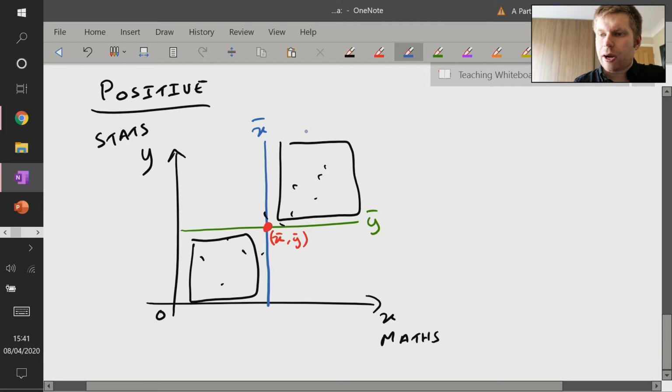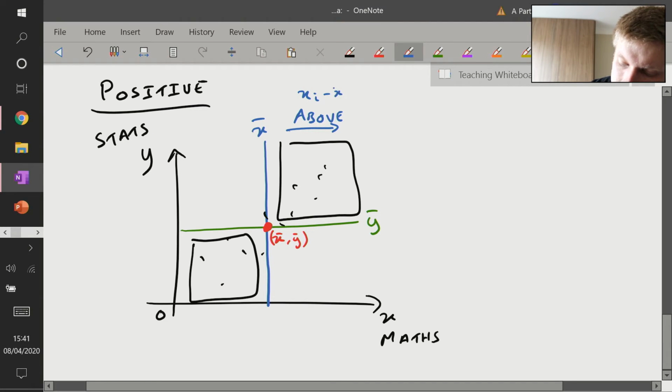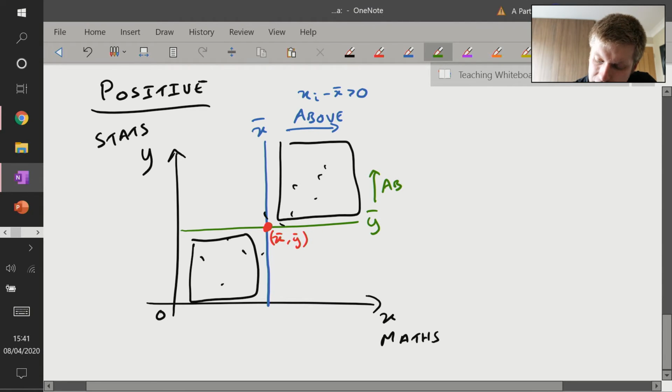If you're in the top right quadrant, it means that you are above average on the maths paper, because you lie to the right of the average line. Remember I said that that was the case if xi minus x bar is positive, okay? But you're also above average on the stats paper, because you lie above the green line as well.